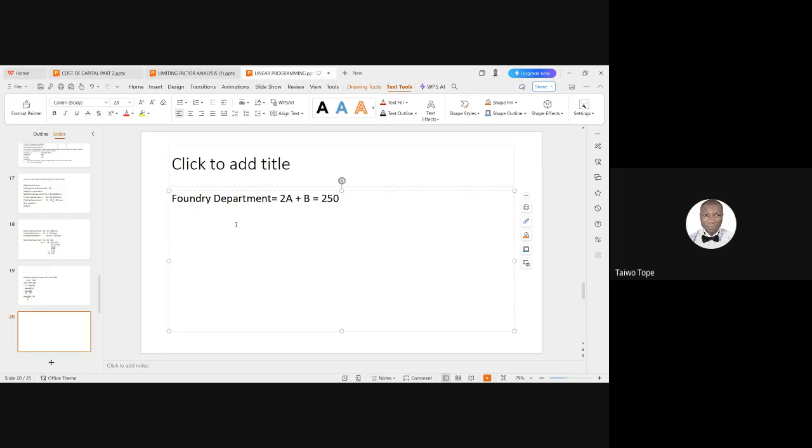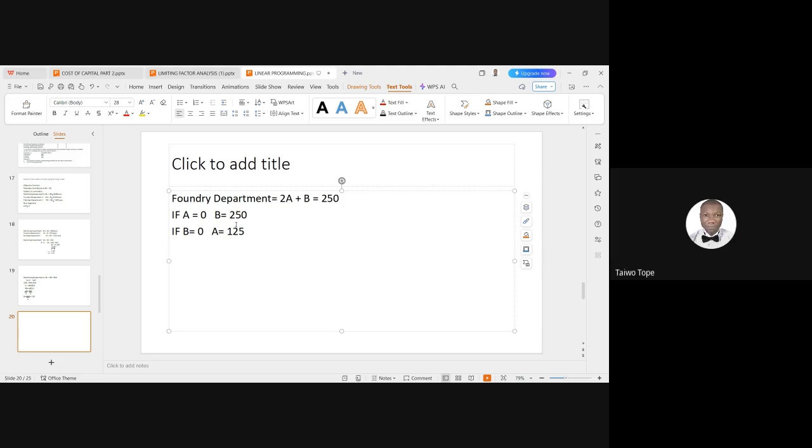So if A is equal to 0, B is equal to what? 250. If B is equal to 0, A is equal to what? 125.